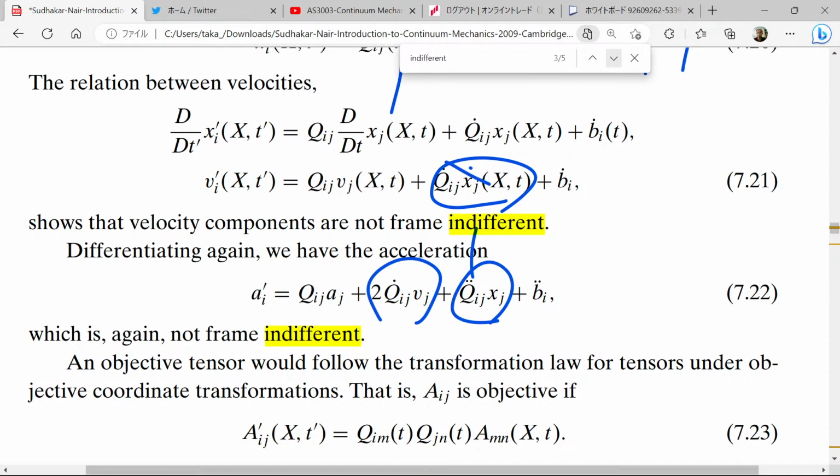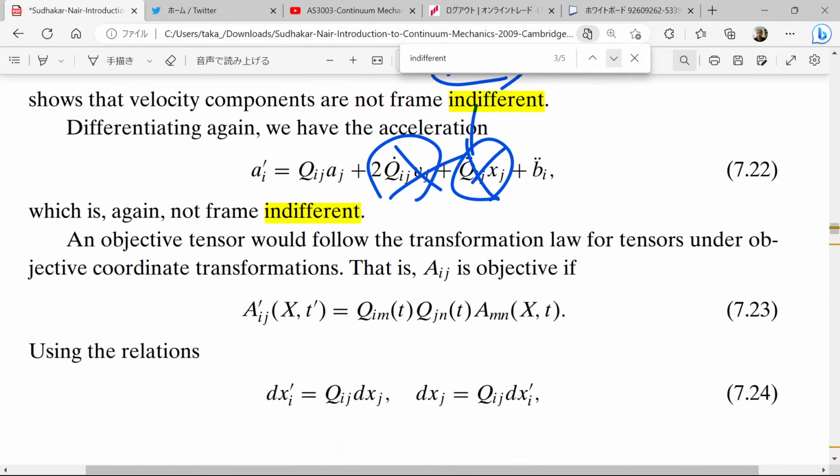If you don't have these terms, this is frame indifferent. But because you have these terms, this is not frame indifferent.